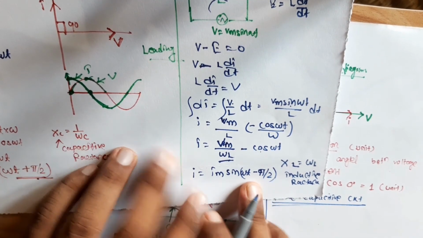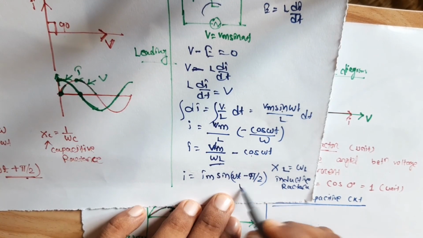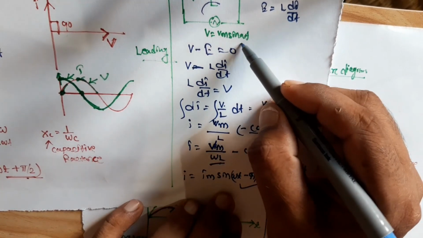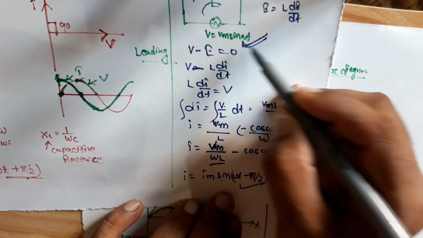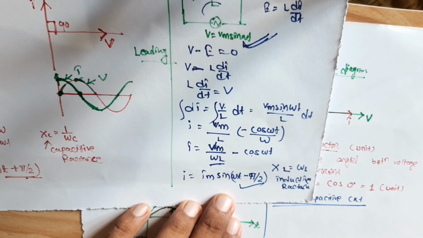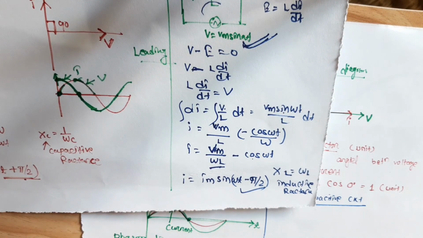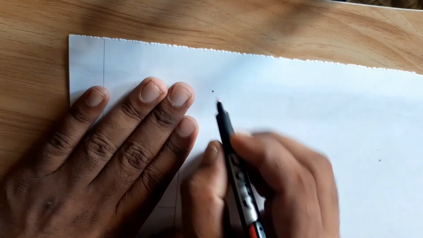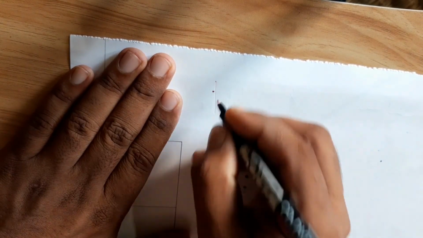Here the current has a minus pi by 2 relative to omega t. When you draw the phasor diagram, it is like that.